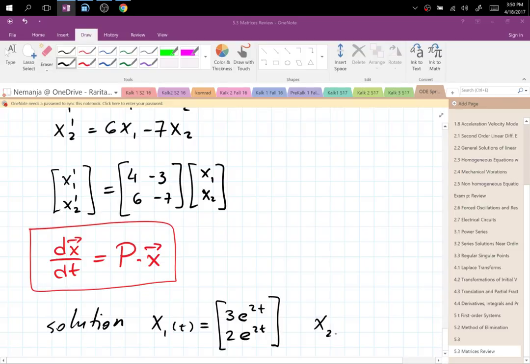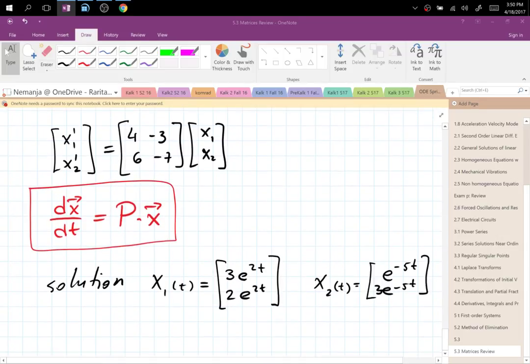And x2 is equal to e to the negative 5t, and 3e to the negative 5t. You can check now, using matrix multiplication, you can check if this actually works.